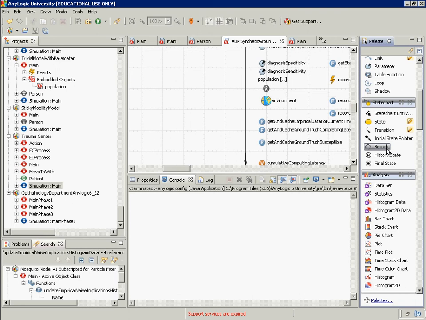If you want it to go off with a 10% chance, you do random true 0.1. Or you'd have a parameter whose value is 0.1, like probability of transmission given exposure, and you'd have random true of that parameter name. So that guard would flip a coin and say, oh, it's true this time, the person's going to get infected. In that case, you don't even have the branch in the middle. It's just a guard.